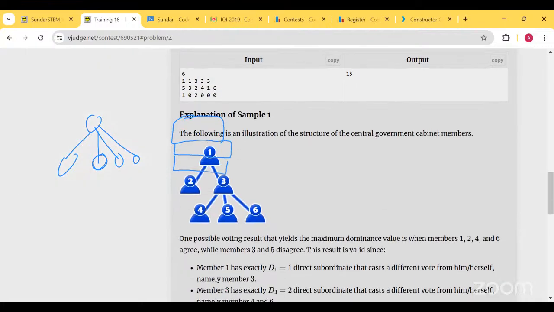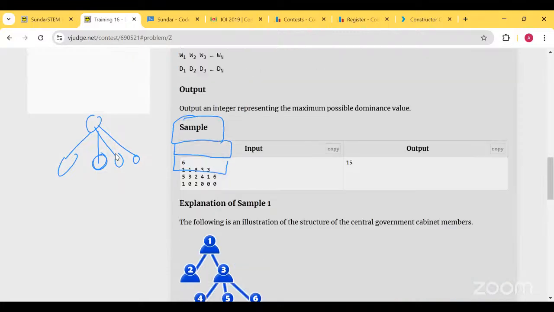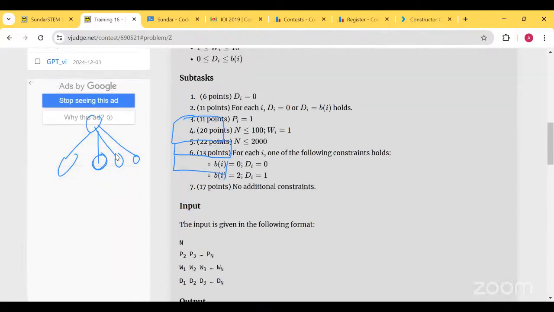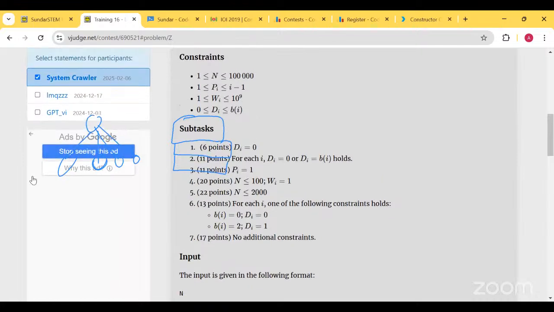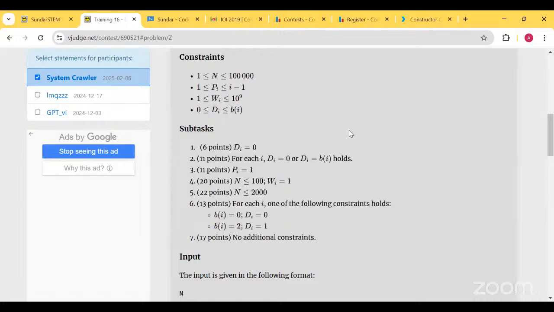All right, and then we want to find the maximum dominance level. Okay, so just think about the solution, or you can find the idea from the subtask. And I want to go to the toilet first, so just think about the idea.